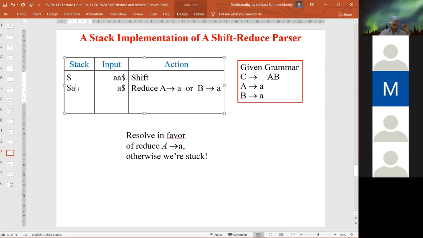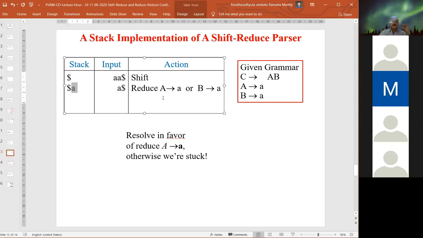The top of the stack contains B, and on the next shift and reduce, the a can be reduced to either A or B, so the combination becomes BA or BB, but our required thing is AB only. If and only if this a is reduced by A, then only we can get AB on the top of the stack.